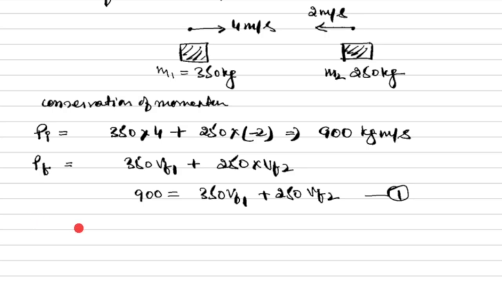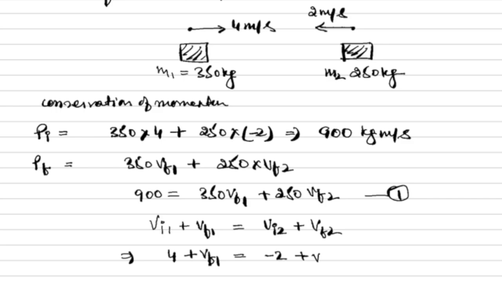Second will be the shortcut, the fact that the velocity additions will be the same, or the V initial of 1 plus V final of 1 will be equal to V initial of 2 plus V final of 2. So we know the initial velocity of 1, that is positive 4. VF1 we don't know. VI2, the initial velocity of 2, we know, that is minus 2, plus VF2.